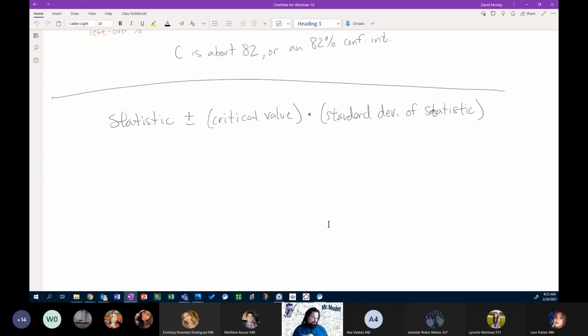Now, in this section, the statistic is p hat, plus or minus. The critical value is z star. And the standard deviation of a statistic is called the standard error, which we can denote as SE, or we can use s of p hat.